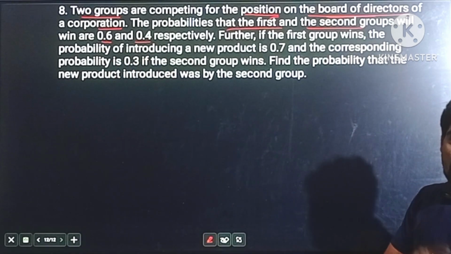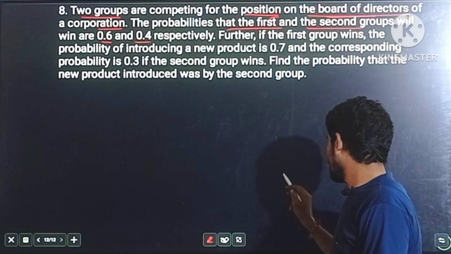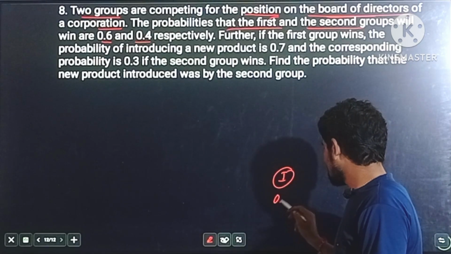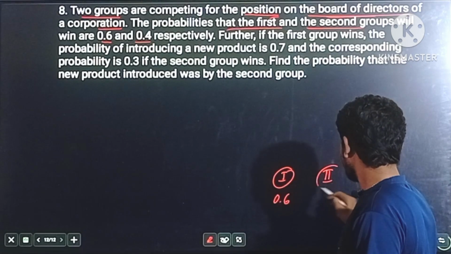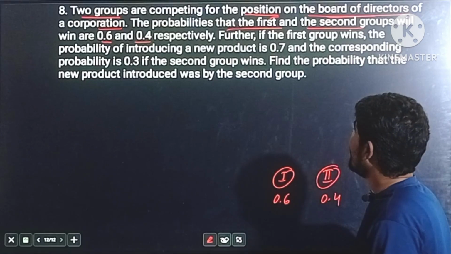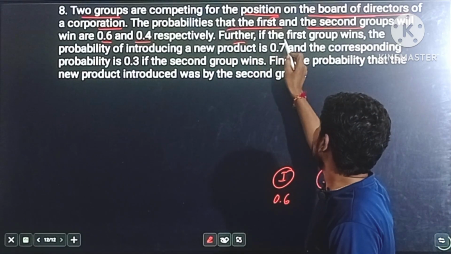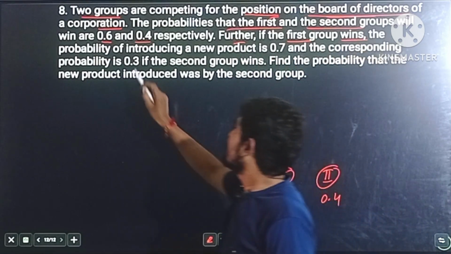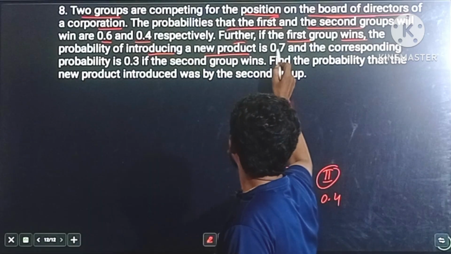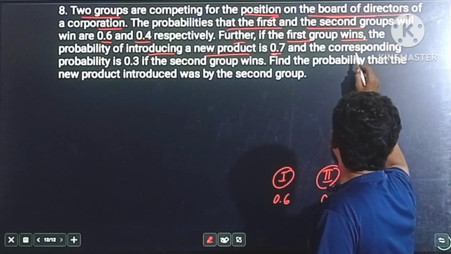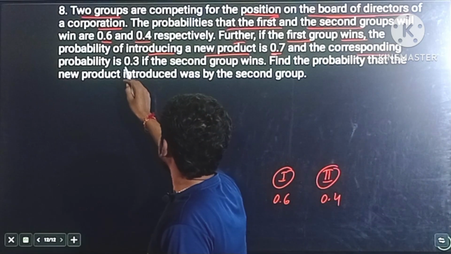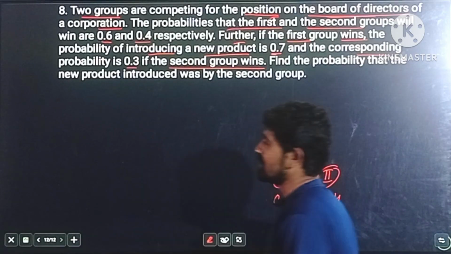So in that competition, the probability of the first group winning is 0.6 and the probability of the second group winning is 0.4. Further, he has given that if the first group wins, the probability of introducing a new product is 0.7, and the corresponding probability is 0.3 if the second group wins.